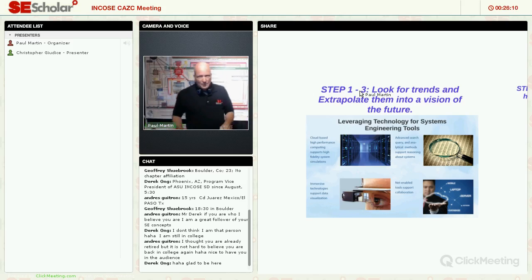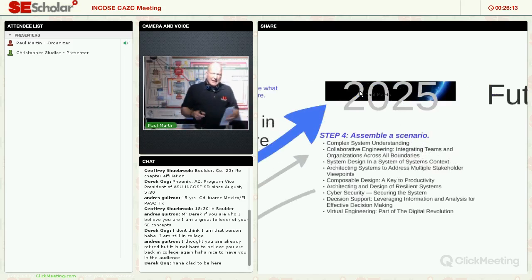How would you extrapolate them into the future? And then they try to think up what 2025 would actually look like. This is where we would start understanding complex systems a lot better. We would have better collaboration because of cloud computing. Our teams would be organized and integrated across all boundaries. Your system design would start thinking about the concept of systems of systems.